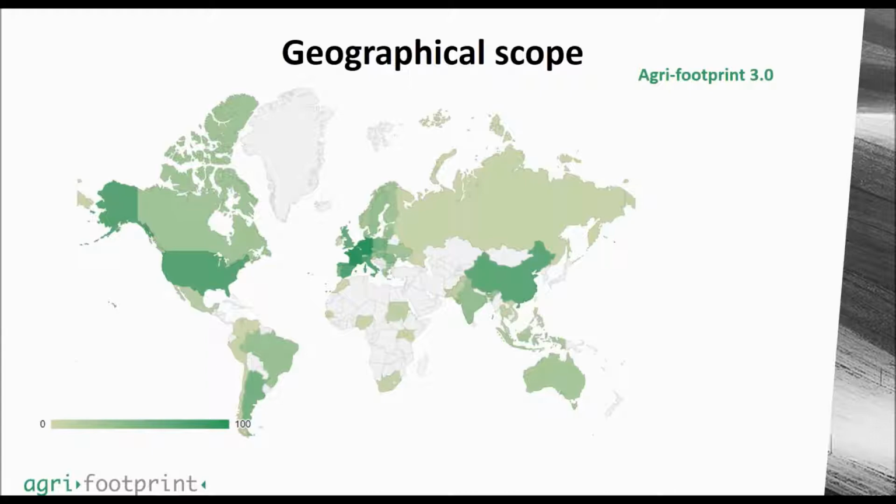So the number of processes per country has actually increased. However, we have still added some more countries in this version of Agri-footprint. In Africa, we have included Nigeria for sorghum production and Senegal and Uganda for groundnuts production. And we have also added Peru and Chile for fish meal and oil production.